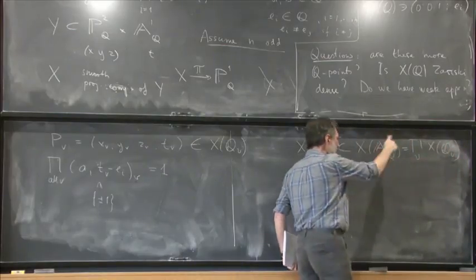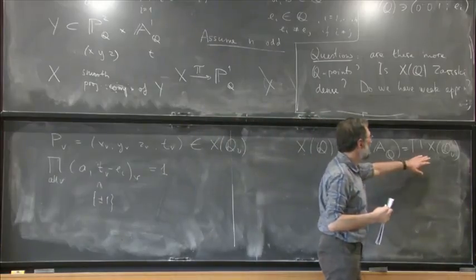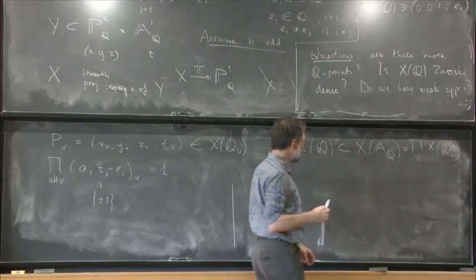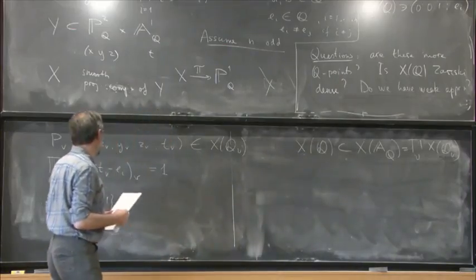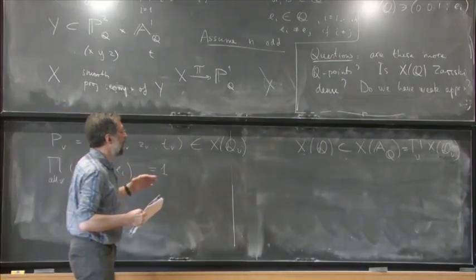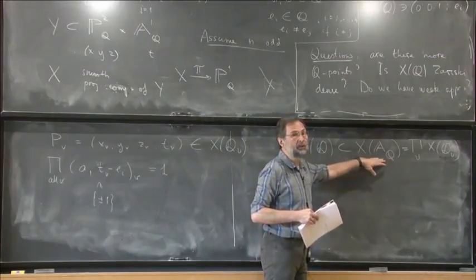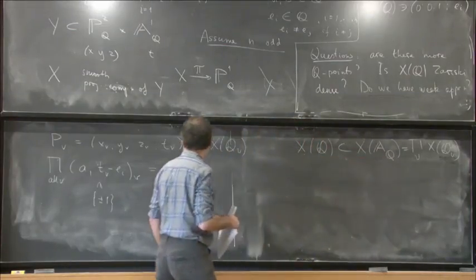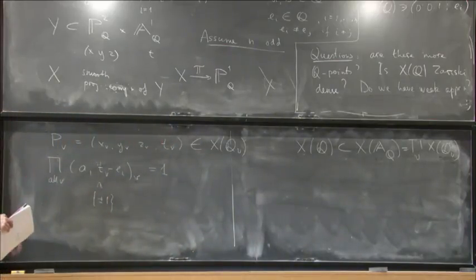This is the topological space with the product topology coming from the natural p-adic topologies in each X(Q_v), and the image of the set of rational points is contained in the closed subset of this topological space given by such conditions. Well, this is a down-to-earth description.